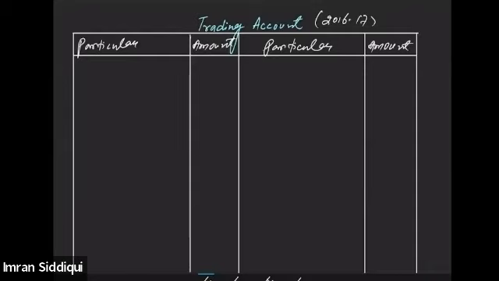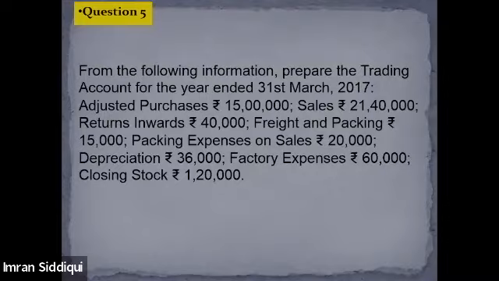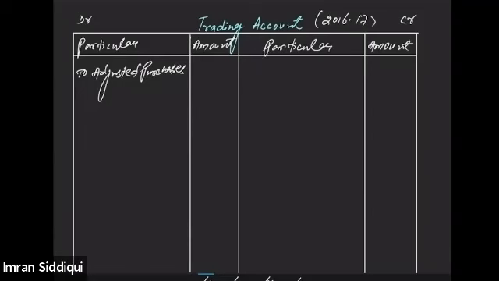Adjusted purchases are given, so we'll write that on the debit side of the trading account. We'll write this as To Adjusted Purchases. It's 15 lakh.